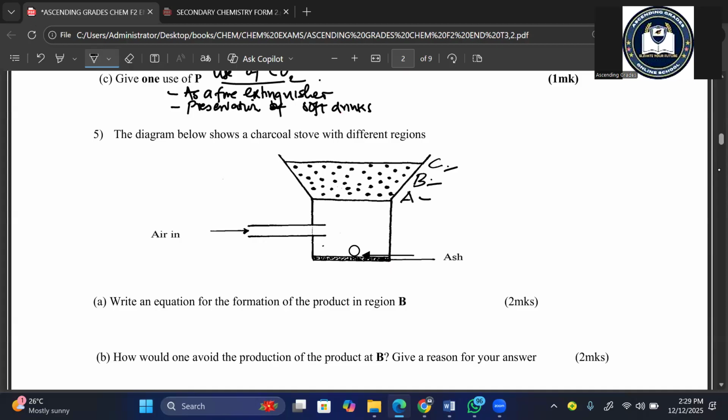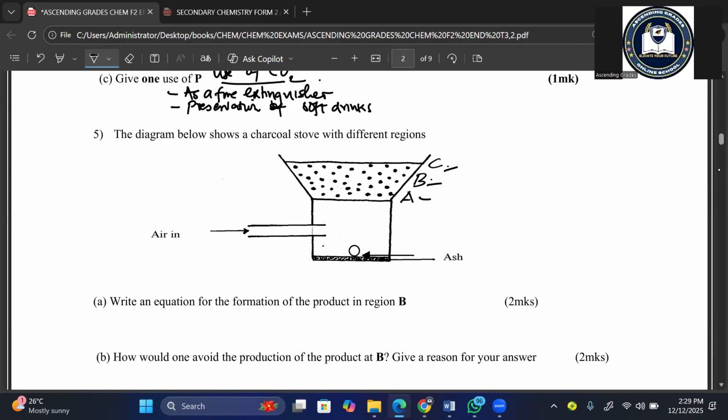So the first thing you must know is what was happening at region A. So in region A, there was complete combustion, and then we formed CO2, which is carbon 4 oxide.